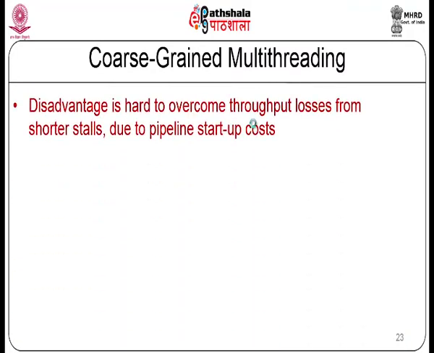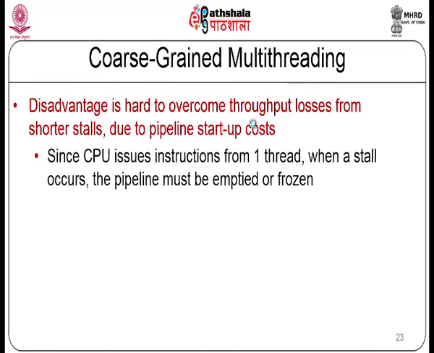Of course, there are also disadvantages to coarse-grained multithreading. It is hard to overcome throughput losses from shorter stalls due to the pipeline startup costs. Unlike fine-grained multithreading, where you switch to a different thread every clock cycle and so have fetched instructions from multiple threads ready for execution, in coarse-grained multithreading you concentrate on only one thread of execution.